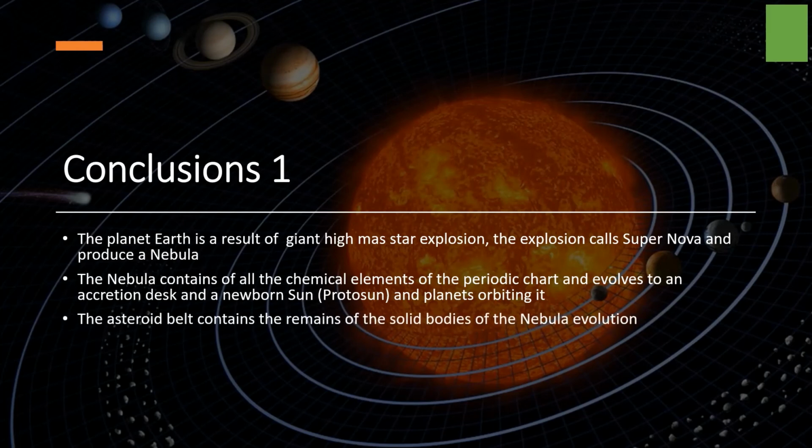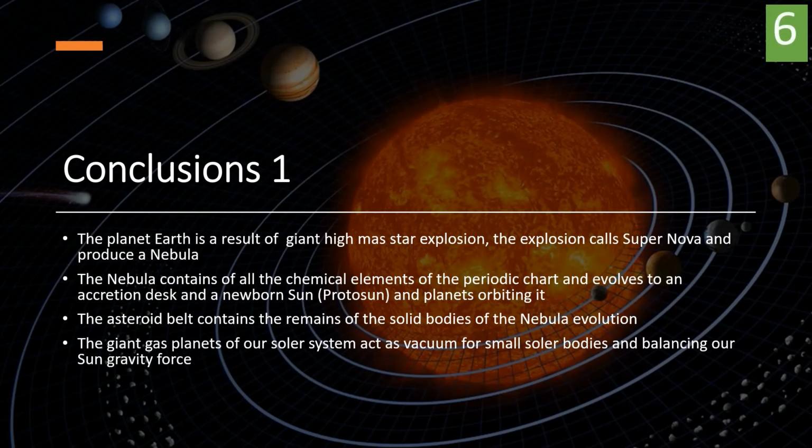The asteroid belt between the terrestrials and the gas giants contains the remains of the solid bodies from the nebula evolution. The giant gas planets of our solar system act as a vacuum for small solar bodies and balance at the same time the gravity of our sun.